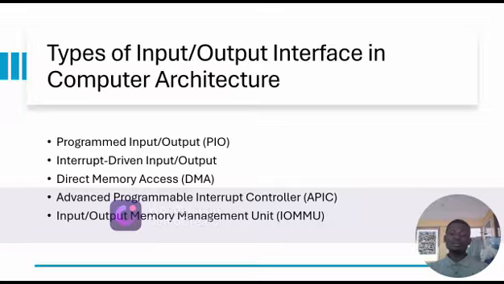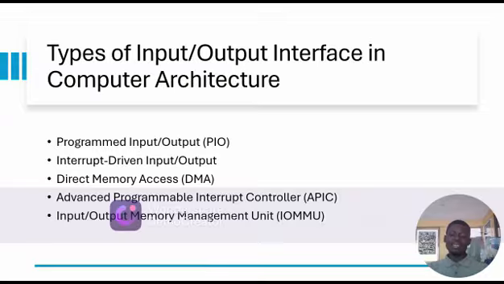Instead, when the input output device is ready for communication, it sends an interrupt signal to the CPU, where the CPU will pause its current task, then it will concentrate on and process the input output request that has been sent. Because of this, it allows the system to be more efficient than the first one, that's the programmed one.